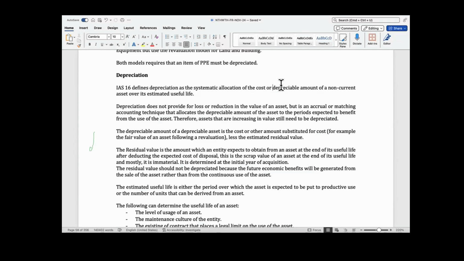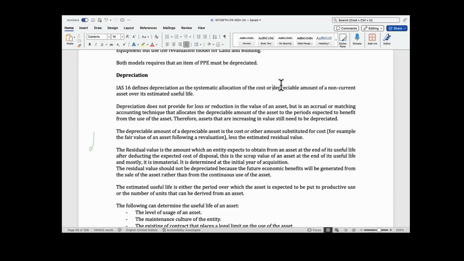But in the exam, they will give you. And again, it's also an estimate. An examiner might even want to make you understand that since it's an estimate, it can change. Because an asset that you estimated was going to be used for 5 years, after using it for 3 years, you could realize that you can even go further.